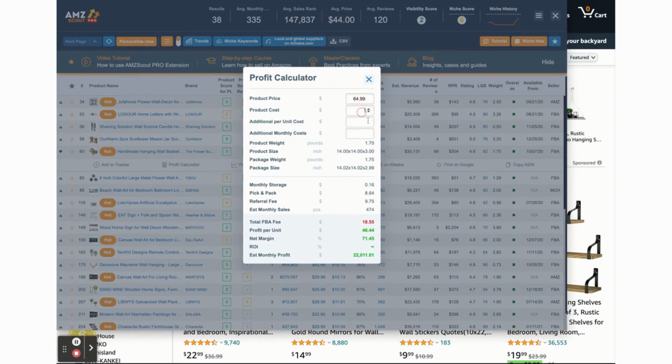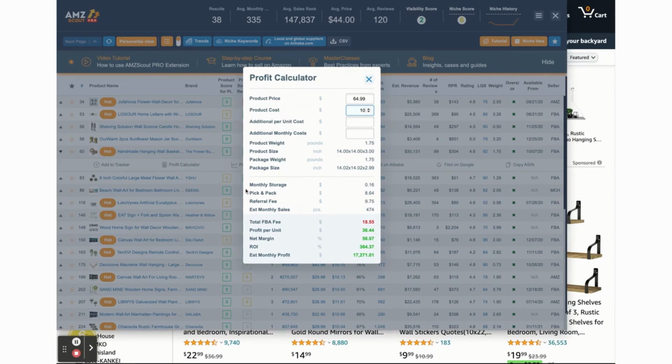But let's say it'll cost you $10 to source it. $10 or $15, it really depends on your research. Once I have entered the information here, AMZScout already does some calculation to show me my profit per unit. It shows me what the FBA fee is going to be, and then what I'm going to be left with, which is $36.44 as my profit.